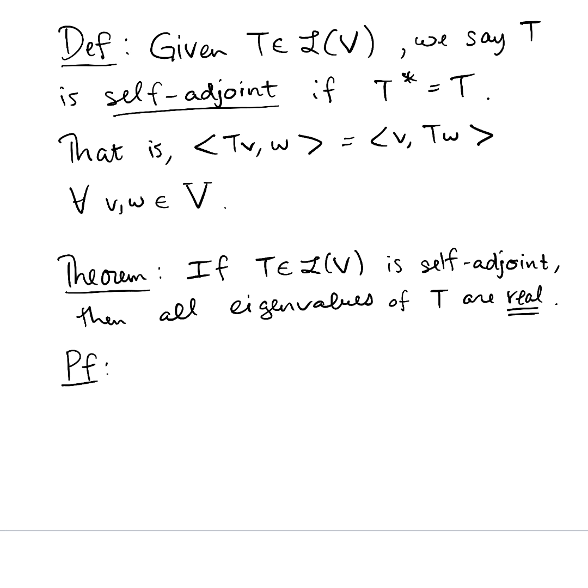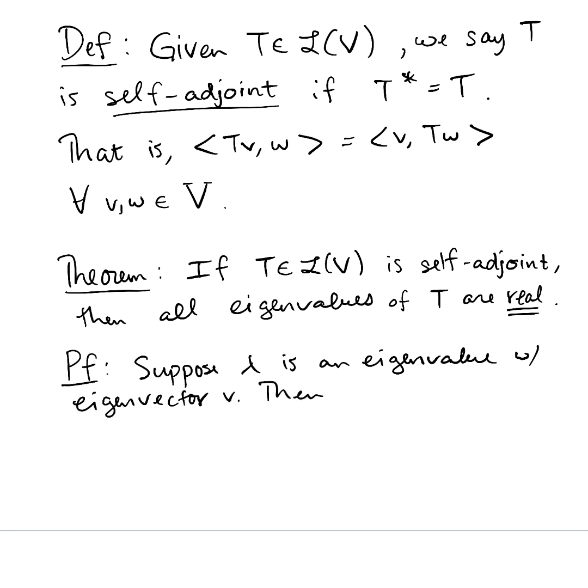Okay, so let's suppose we have an eigenvalue. Suppose lambda is an eigenvalue with eigenvector v. All right, we're trying to argue that lambda has to be a real number.